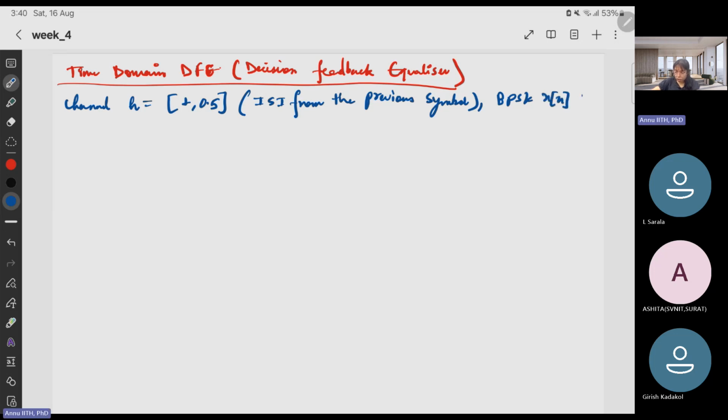X of n, as we know, is nothing but plus minus 1.